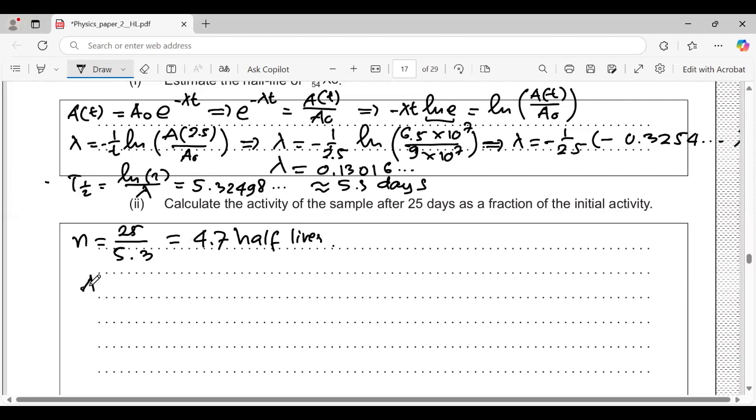And then A over A0 equals 0.5 to the power of this number. If you calculate, the result is 0.03847, rounded off 0.038.